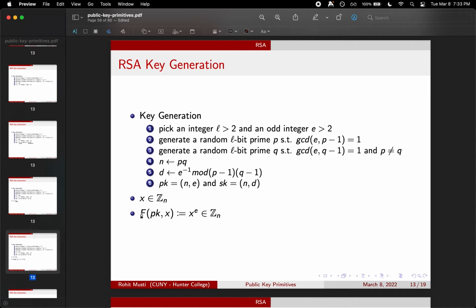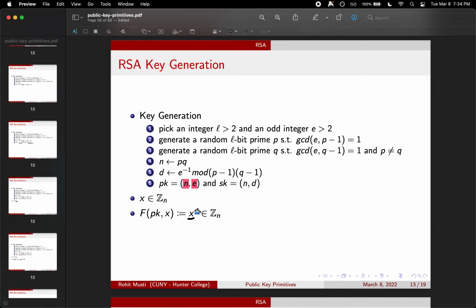So our one-way function says take x and raise it to e mod Zn, and e comes from the public key. The public key, if you remember, is n comma e.